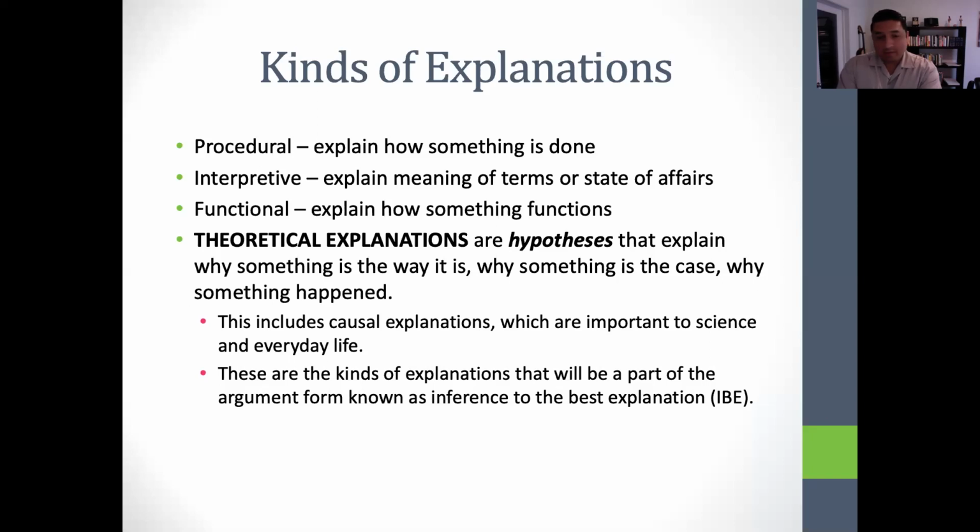They also include causal explanations, right? So they are important to science. They're important to everyday life. There's a variety of different domains that use inference to the best explanation. These are the kinds of explanations that will be part of the argument form known as inference to the best explanation.